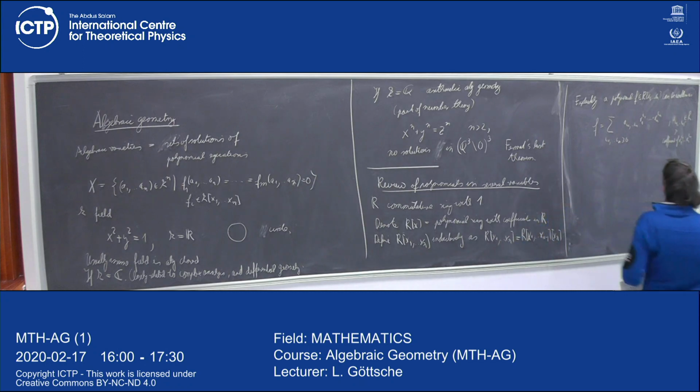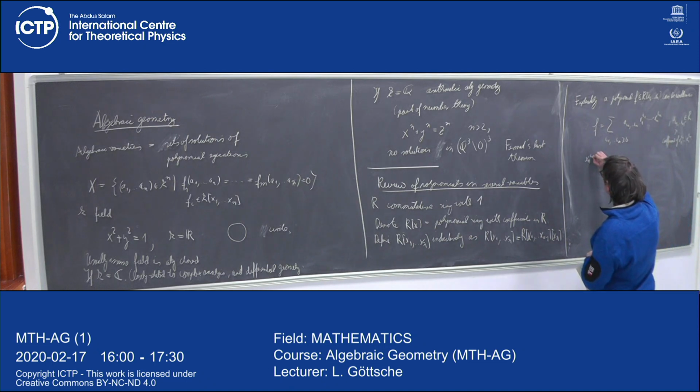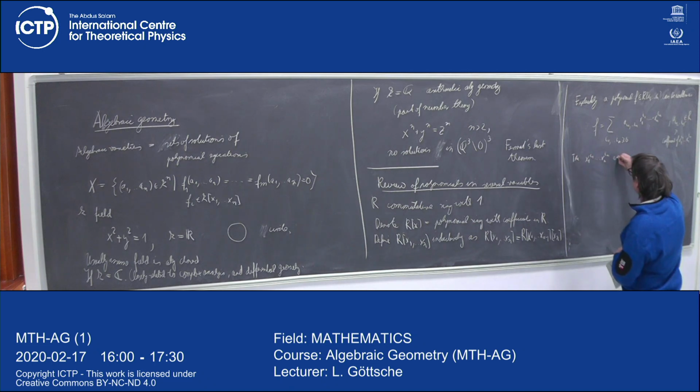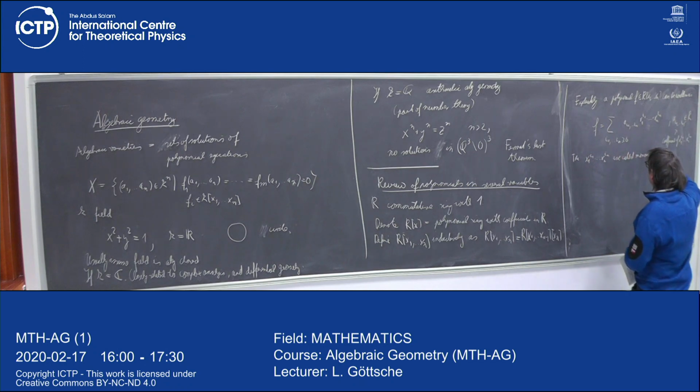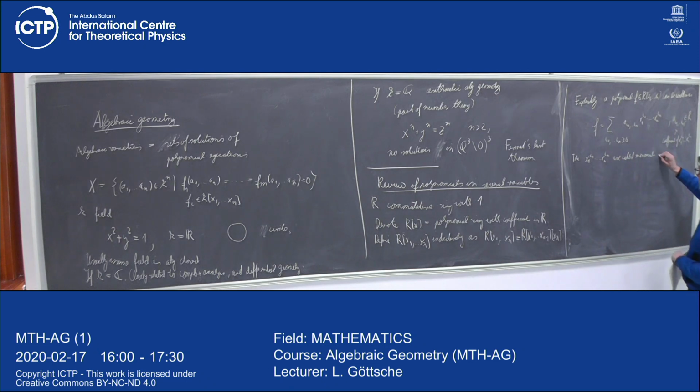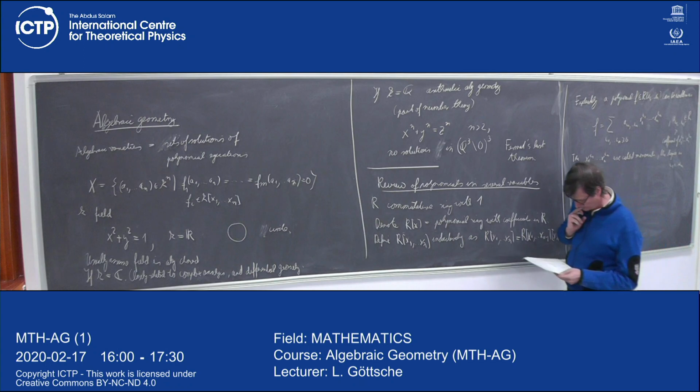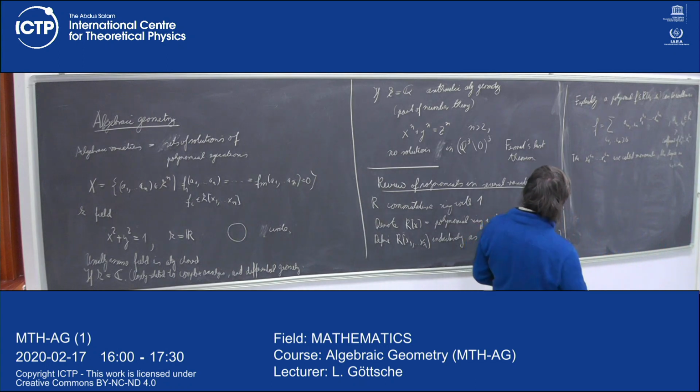Such a product of powers is called a monomial. So these things are called monomials. And the degree of a monomial is the sum of the powers. Then one can talk about the degree of f.